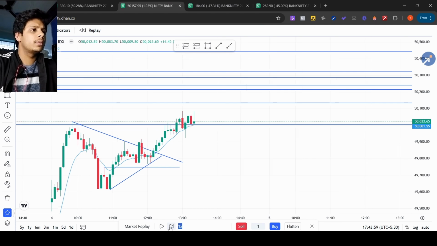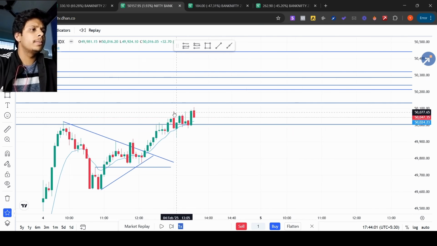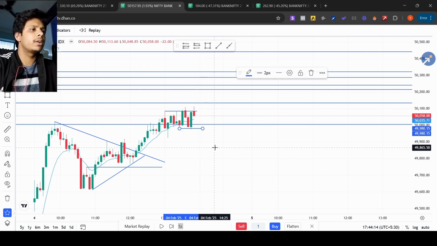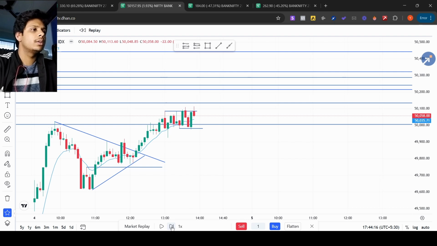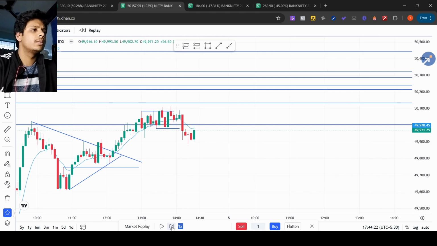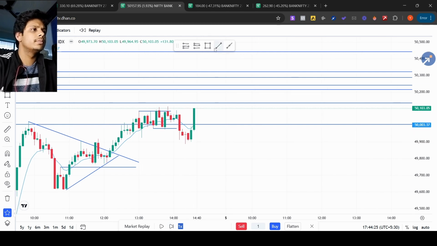There we go. Nope. Not this one. That's why I didn't take this one as well, despite the breakout or the momentum. Nope. Nope. See, the market is being a bit choppy.